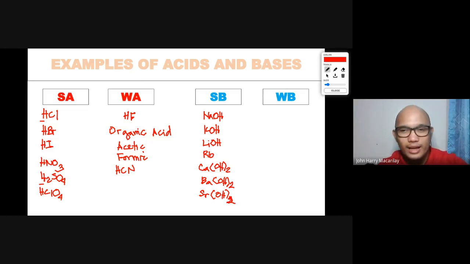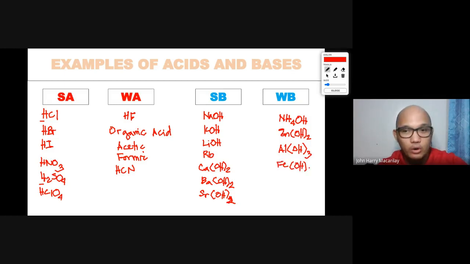And then for weak bases, you have your ammonium hydroxide or ammonia. This is one of the most common weak bases. You have your zinc hydroxide. Also have your aluminum hydroxide. You have your ferrous hydroxide.